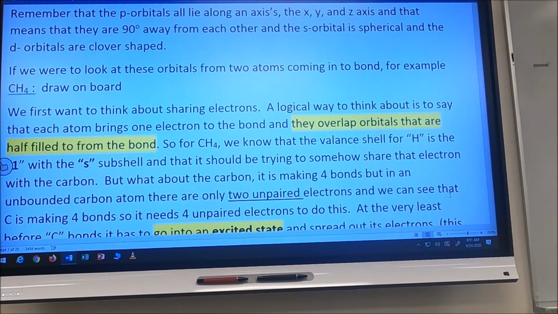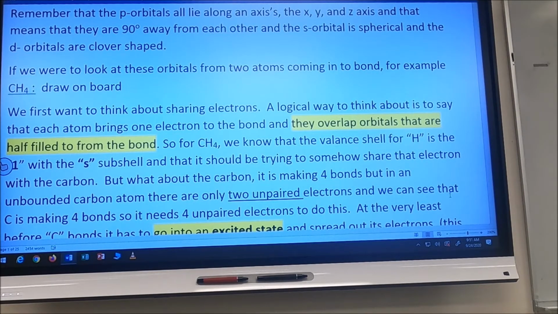Well, one of the first things we know is, if we look at the electron configuration for carbon in an unbonded carbon atom, there are 2 unpaired electrons. The carbon is making 4 bonds. When Lewis did his Lewis dot symbol, it had 4 unpaired dots.